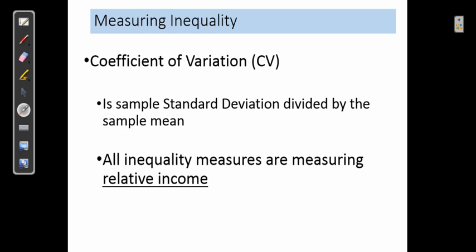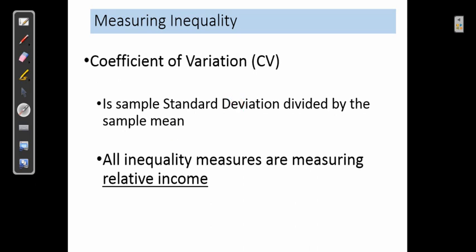And sample mean basically implies that you are calculating arithmetic mean for a sample, for a subset of the population. So for a particular group you are calculating mean. Once you have calculated both mean and standard deviation for a particular sample, you have to do nothing but divide the sample standard deviation by the sample mean.